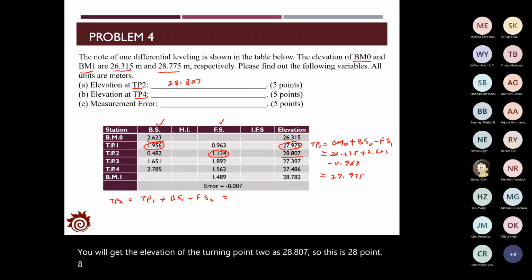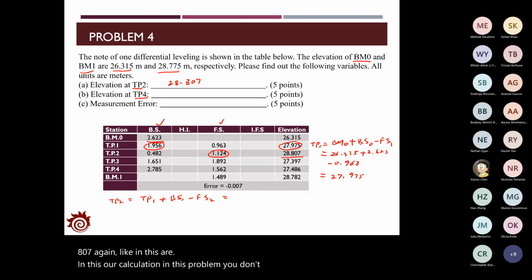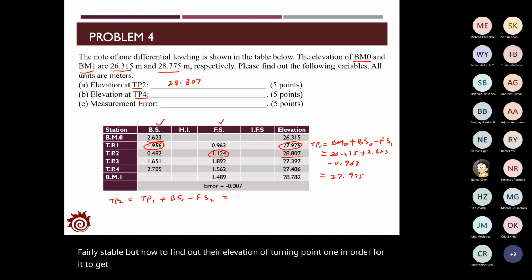In this problem, you don't need to fill this table, but you have to find out the elevation of turning point 1 in order to get the elevation of turning point 2.